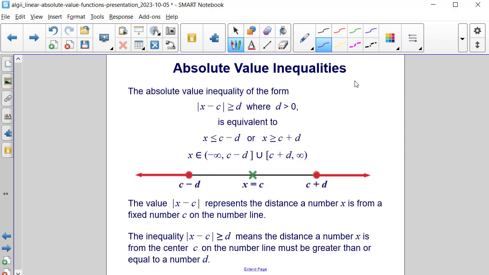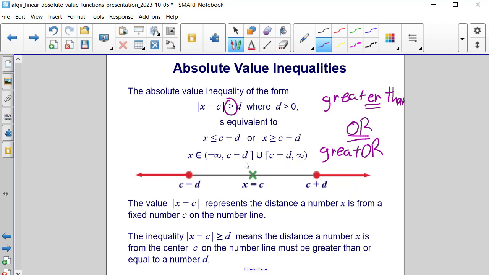And the connection is that when it's greater than, it ends in an "er", which sounds a lot like or. Sometimes we can also write it as great and then OR in caps, signifying that the arrows, when drawn on the number line, are going to go in opposite directions.